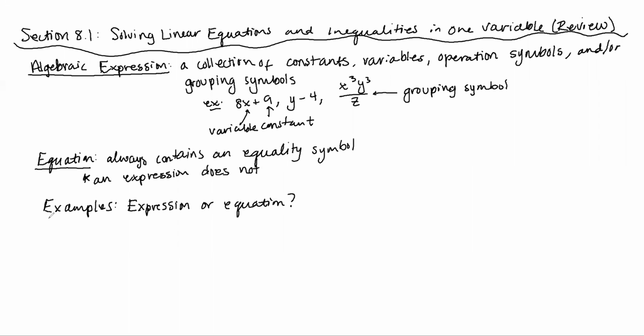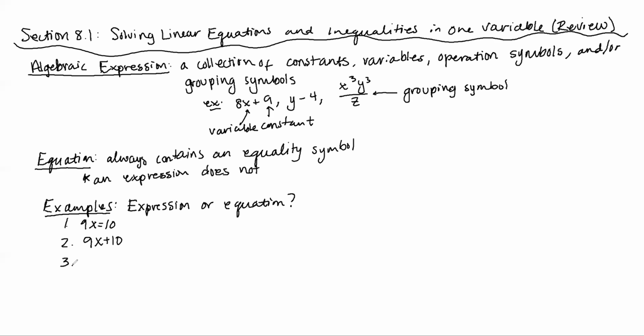And so for these ones, these should be hopefully pretty straightforward. I'm going to go ahead and just list all 4 of them out. As I go through and list these out, write down if it's an expression or an equation, and then check your answers with mine. So number 1 here, we have 9x equals 10. Number 2, 9x plus 10.